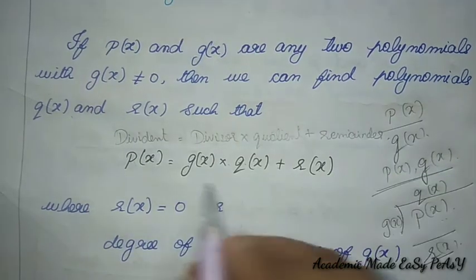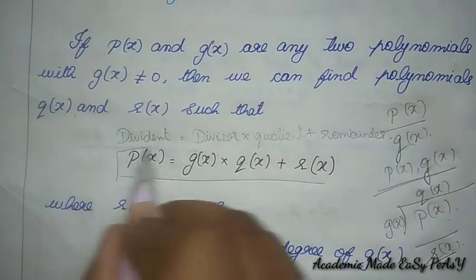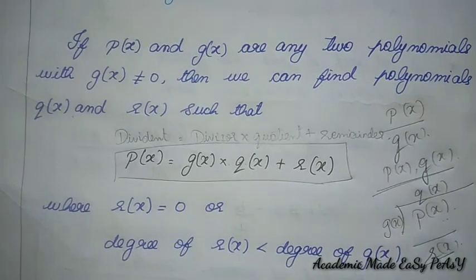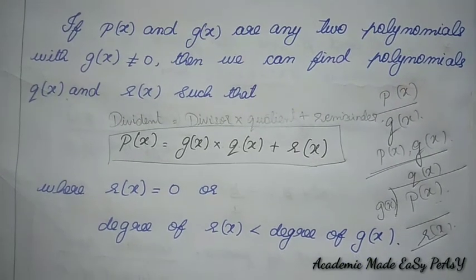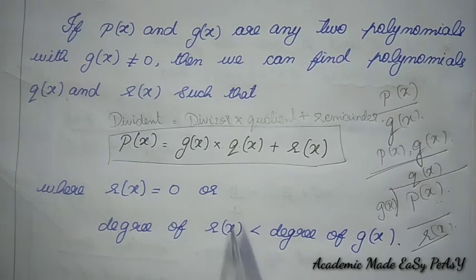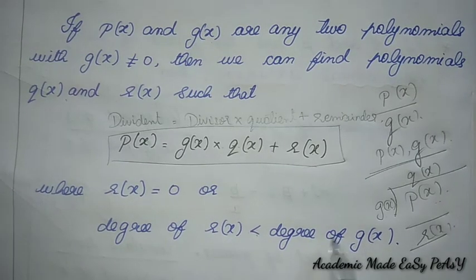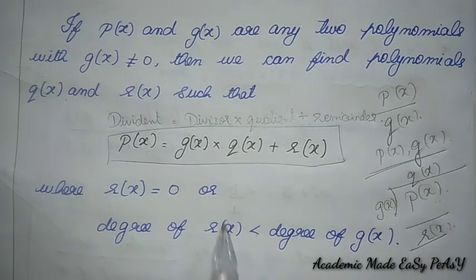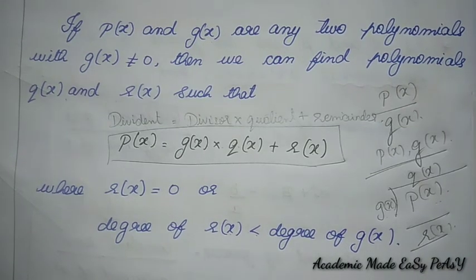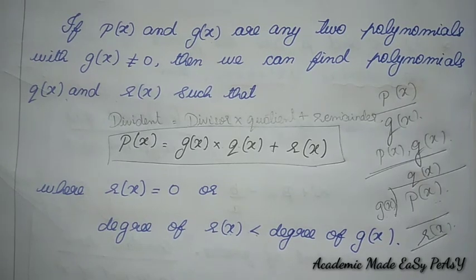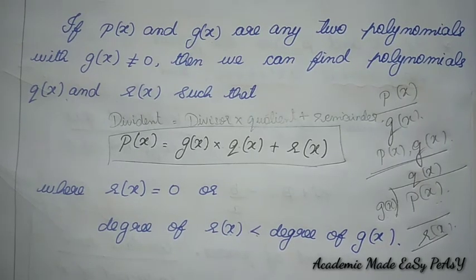This is the formula that we will be using in order to find the division algorithm of polynomials. Here r of x will be equal to 0, or else the degree of r of x will be less than the degree of g of x. So the degree of r of x will not be greater than the degree of g of x. That's it. With this, the introduction part is over.